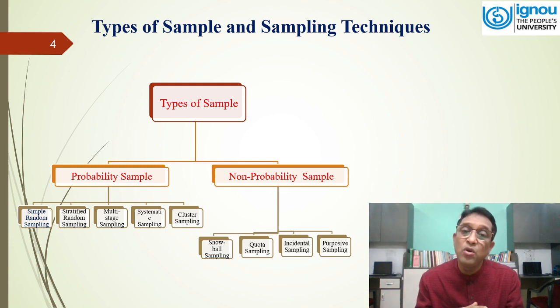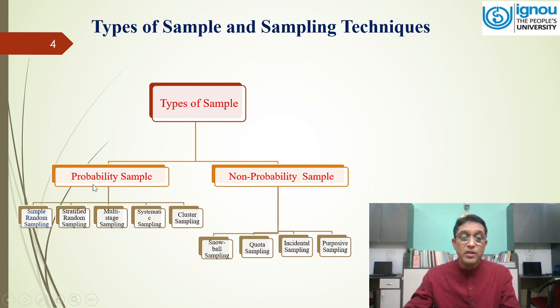Okay, so the nature of your problem, the situation, and the objectives that you have taken will determine whether the sample will be collected by using the probability method or by the non-probability method.